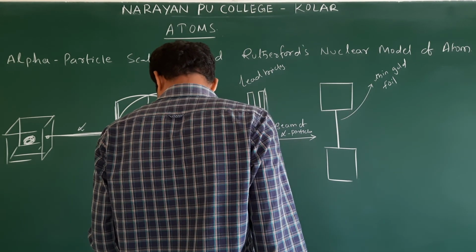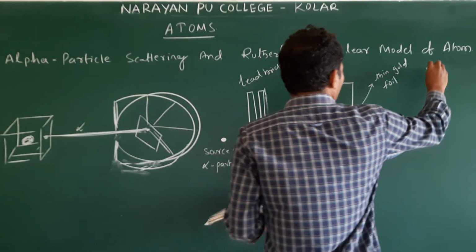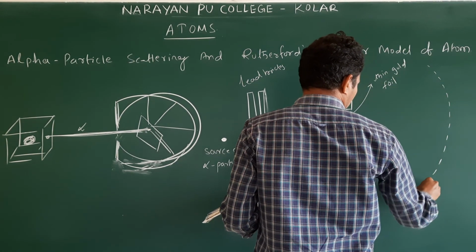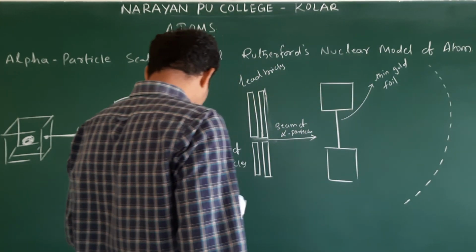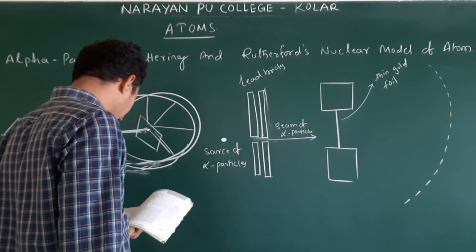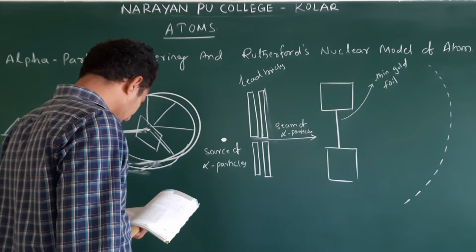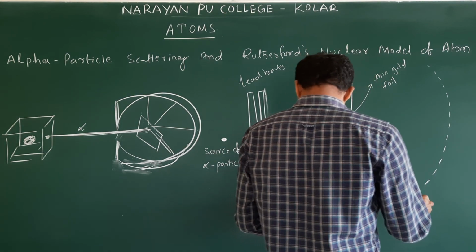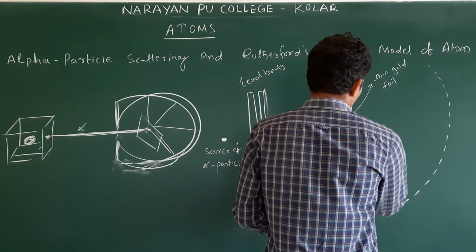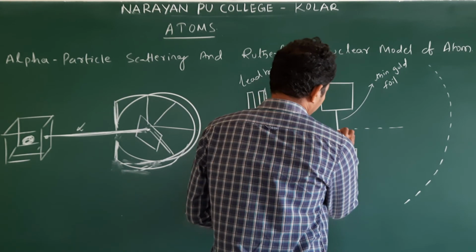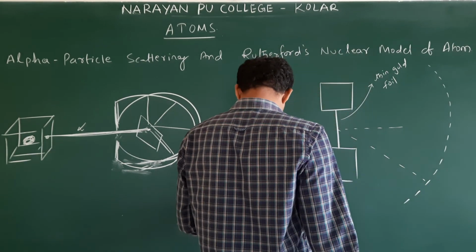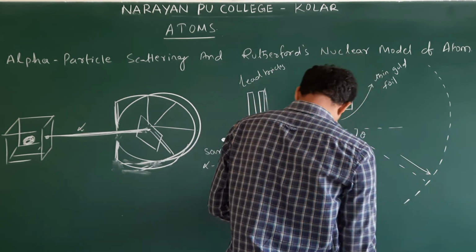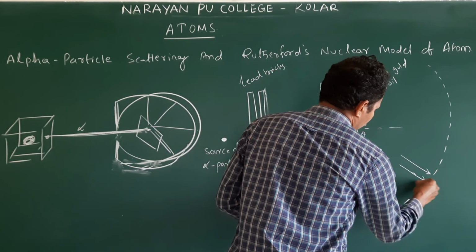Clear? What is this dotted line? Small angle scattering of most, and a zinc sulfide screen. Here it is theta. These are the scattered alpha particles.